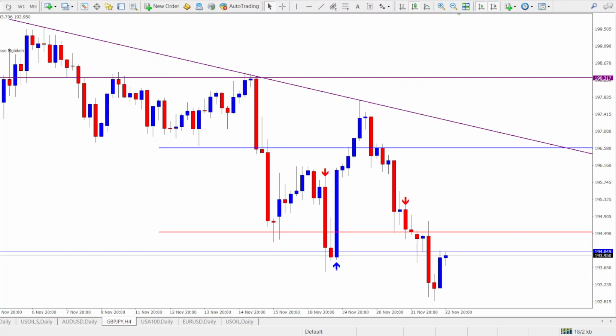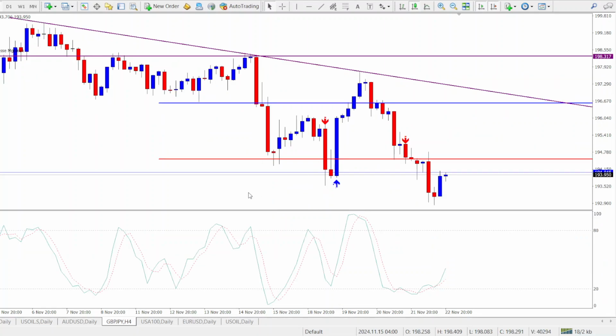For example, if you decide to use the stochastic oscillator to confirm, you can actually use any other indicator, any indicator of your choice, to confirm your signals. Okay, now at this point, we had a buy signal, right? We had a buy signal at this point.